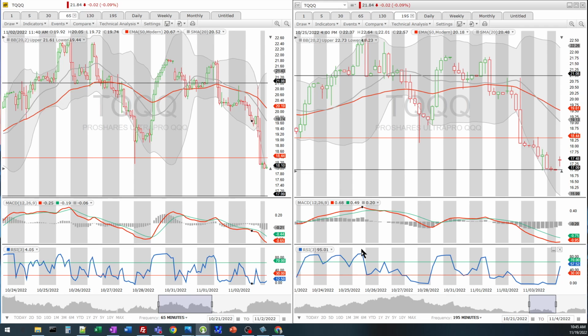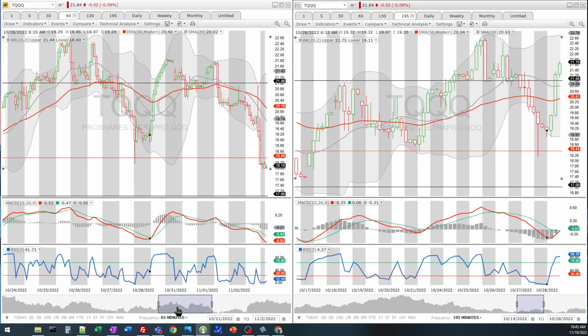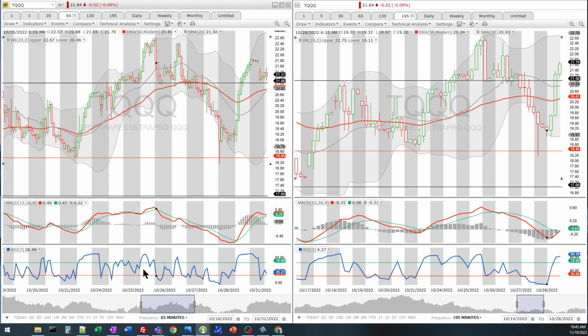This one is a little bit trickier in identifying, wow, you know, it's been on a nice run. It has been on a nice run. Let me go back a little bit even more. Right? It's been on a nice big run.